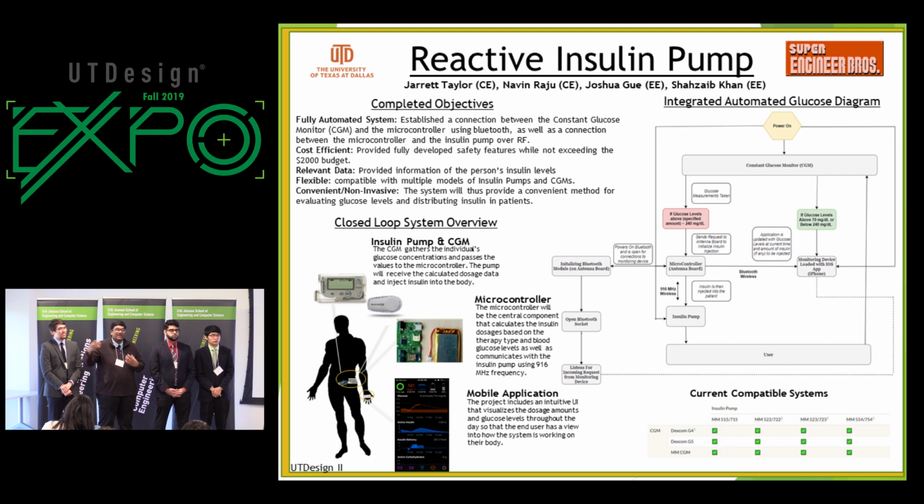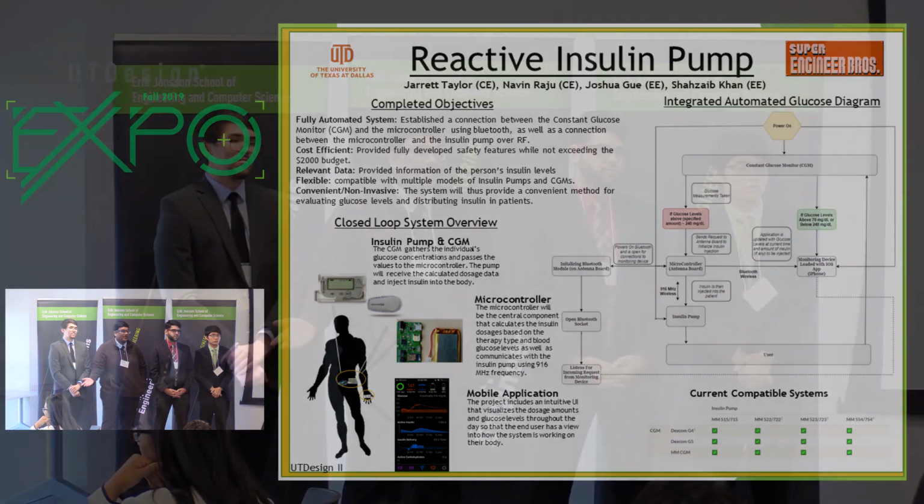But in the same way, if someone wanted to hack your pump from a close distance, they could do it the same way. The pump works in the ISM band, which is an open band, around 960 megahertz. If you really wanted to go within the person and mess up their insulin pump, there are ways to do it. Yeah, the lack of safety is how we were actually able to do our project.